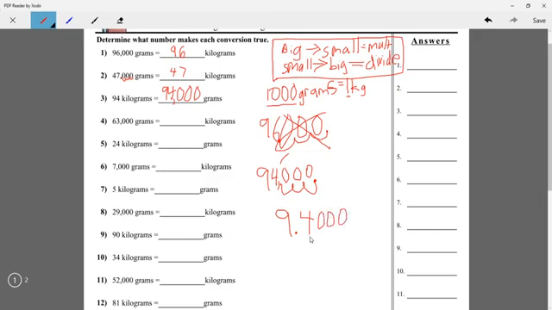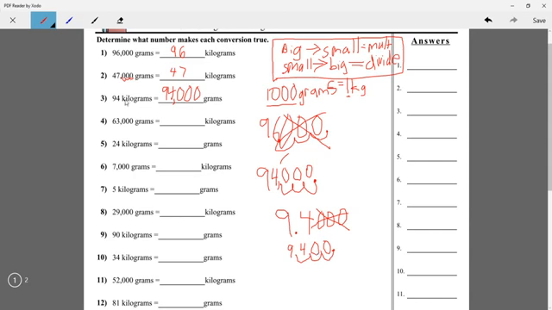If you add 3 zeros after the decimal point, it doesn't change the value. 9.4 is the same as 9.4000. So what we actually have to do is move the decimal place, right? So 9.4 times 1,000 would be 1, 2, 3. And as I said, if there's no number here, you have to put the zeros here. So it would be 9,400.